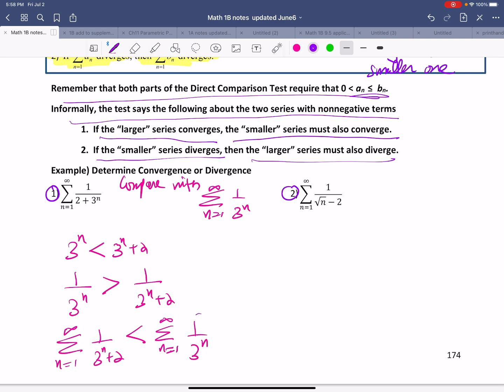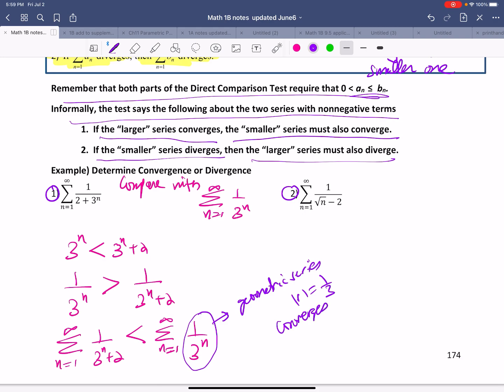Do I know something about this series, the sum of 1 over 3 to the power n? I do know this is a geometric series. Each time I'm multiplying by 1/3, so it is a geometric series with r equals 1/3. So this series converges.